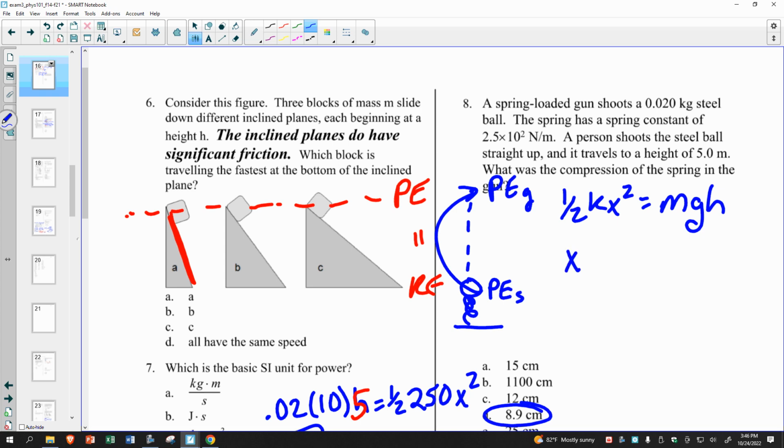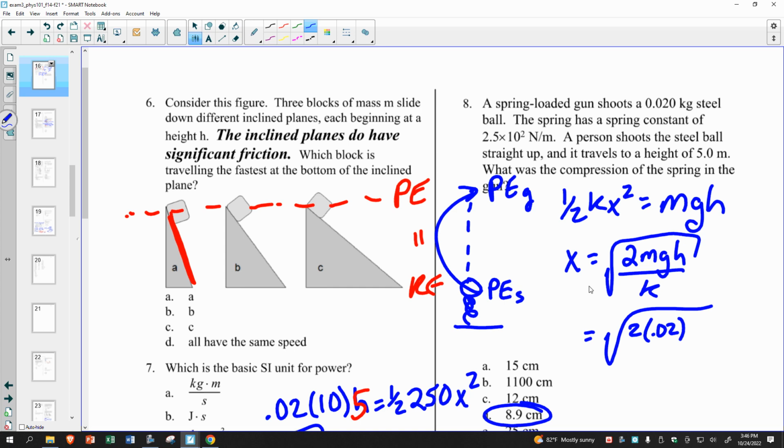And I want to know what is x. So I'm solving this for x. That's going to be 2mgh divided by k. You can just put in the numbers if you prefer, but that's going to be the square root of 2 times the mass, which is 0.02 kilograms, times g, which is 10, times h, which is 5, divided by k, which is 250.